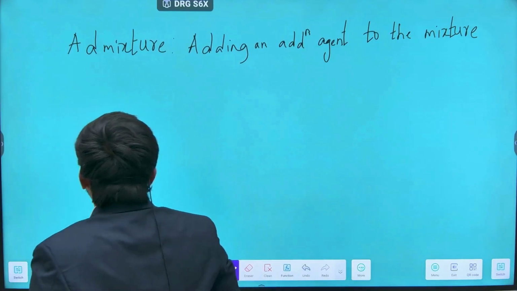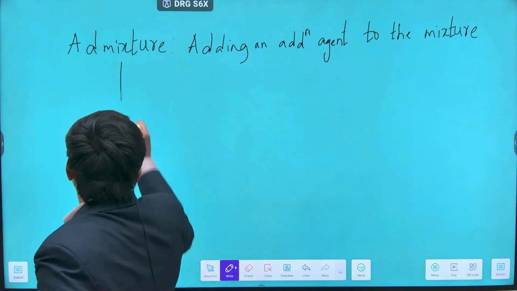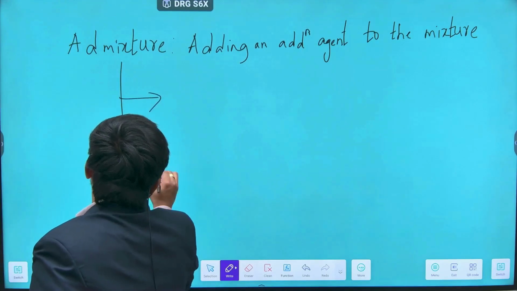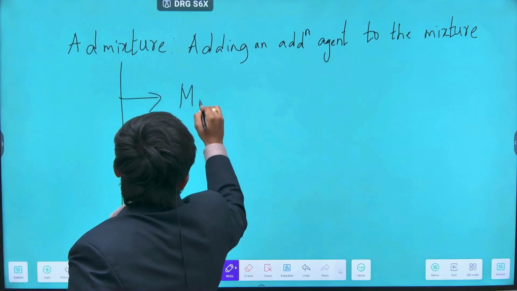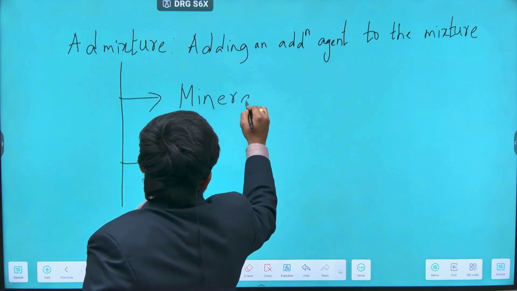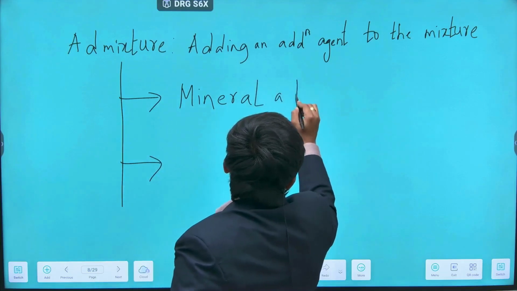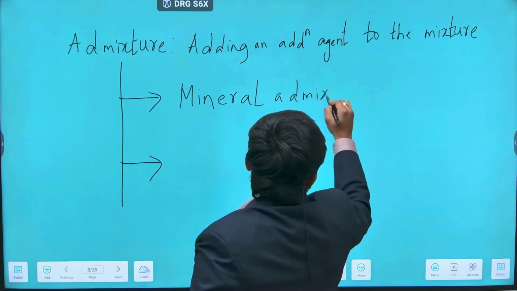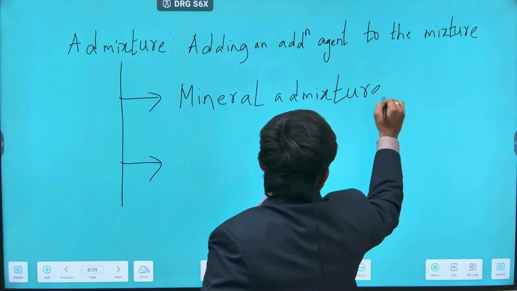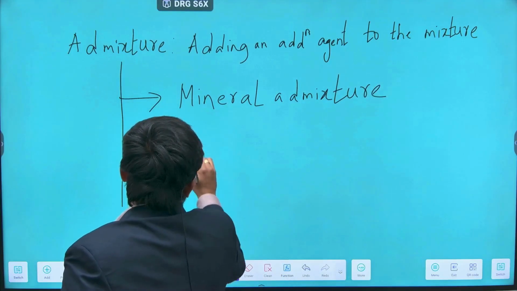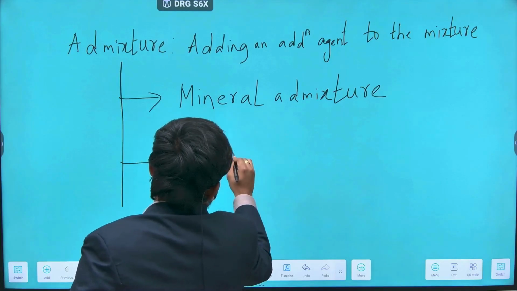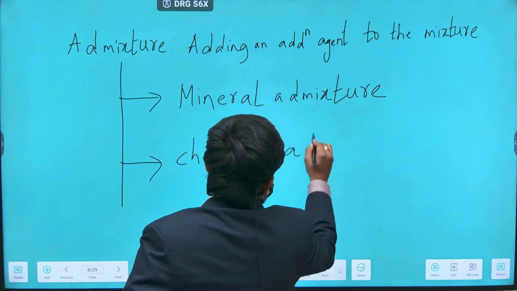Okay, what are the different types of admixtures available here? There are two types of admixtures. One is mineral admixture, other is chemical admixture.